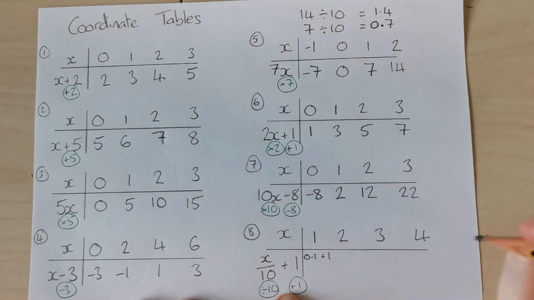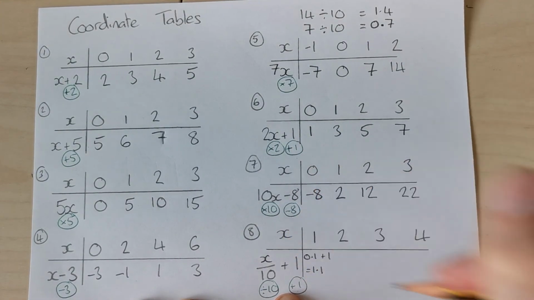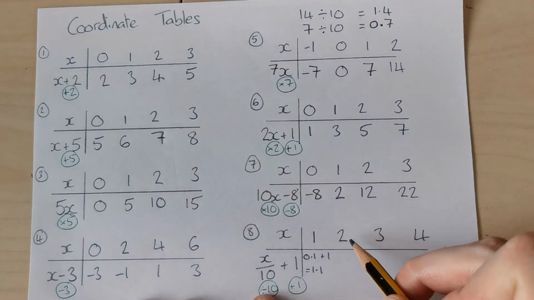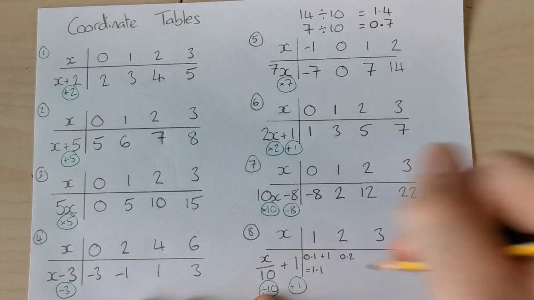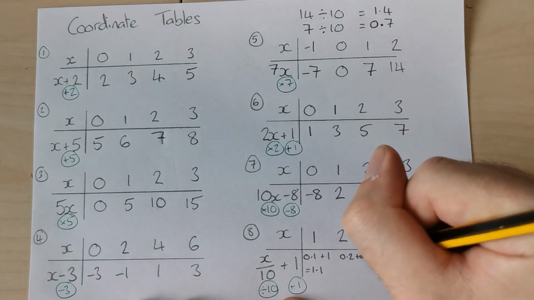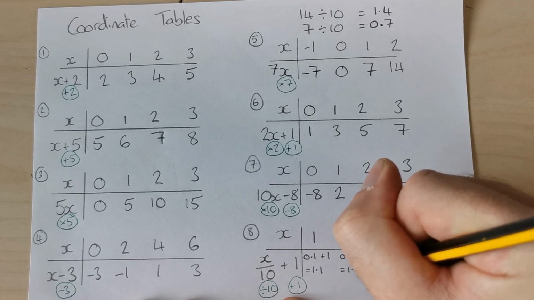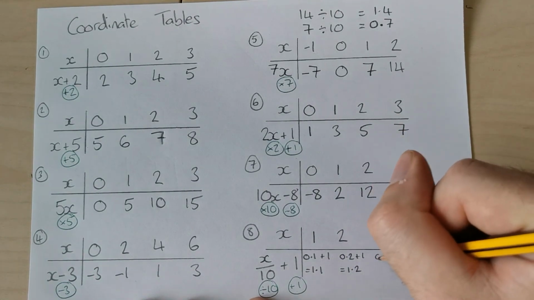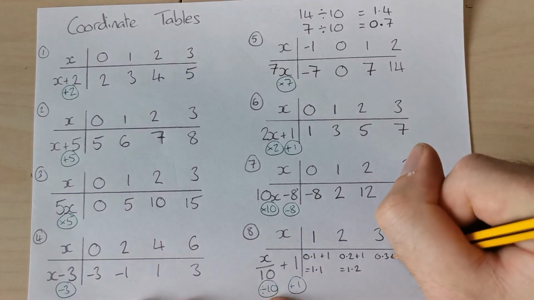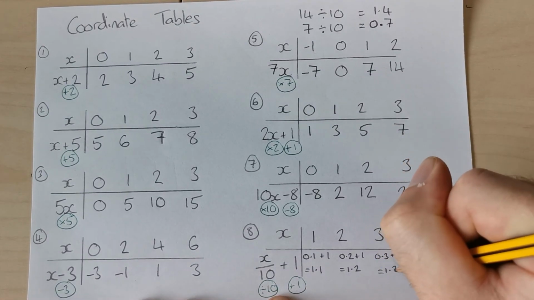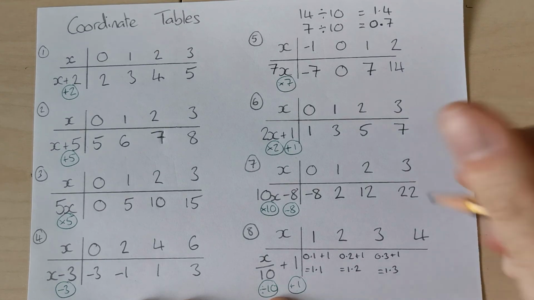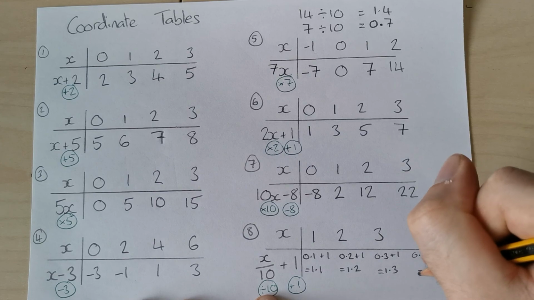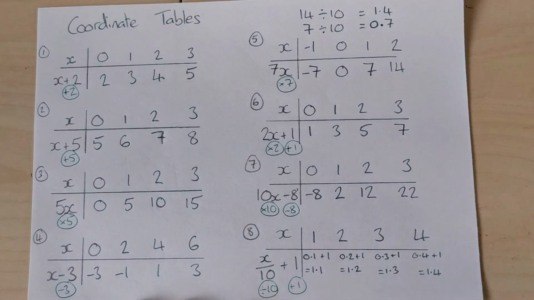But now I need to add 1 to that, and that gives us an answer of 1.1. 2 divided by 10 is 0.2, but now I need to add 1 onto that, which is 1.2. 3 divided by 10 is 0.3. Add 1 onto that is 1.3. And 4 divided by 10 is 0.4. Add 1 to that is 1.4.